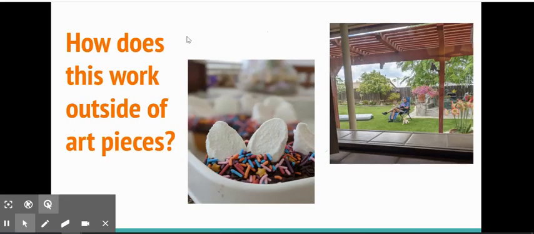So I want us to ask the question now, how does this work outside of just art or paintings or sketches? In real life, the space that we take up changes depending on where we move. And what that means is exactly what we were talking about earlier. Remember how we said when things are closer to us, they look like they're much bigger?